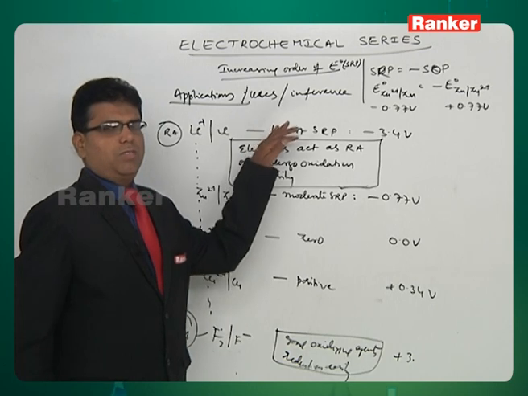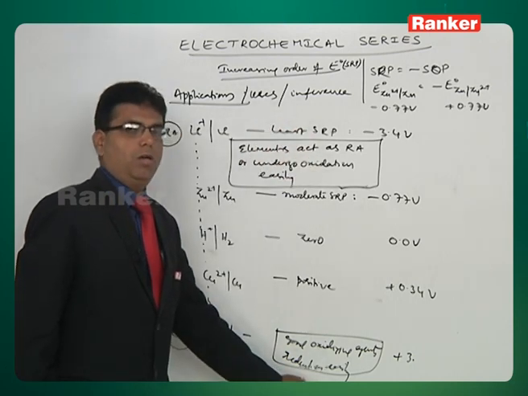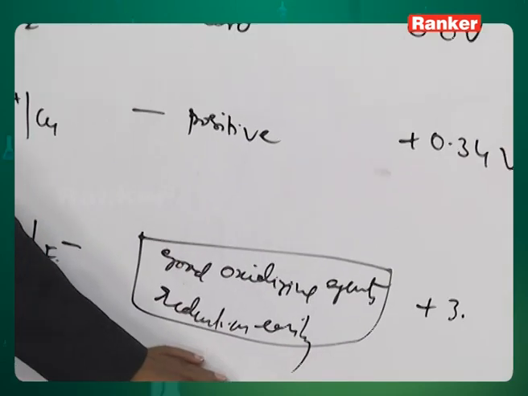So, those elements at the top are good reducing agents. The elements at the bottom are good oxidizing agents.